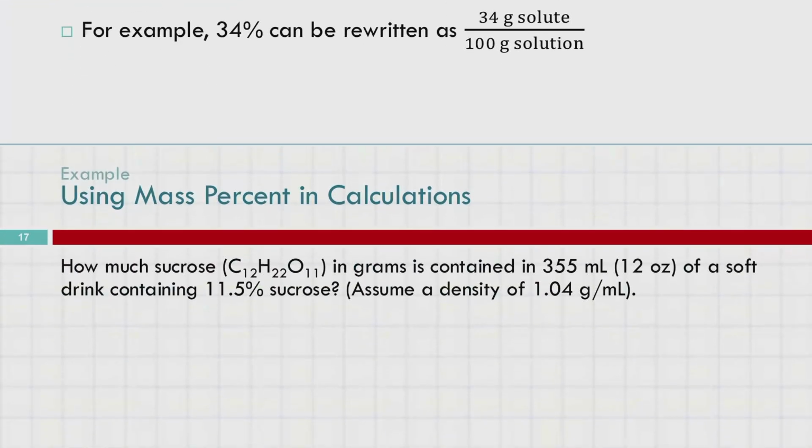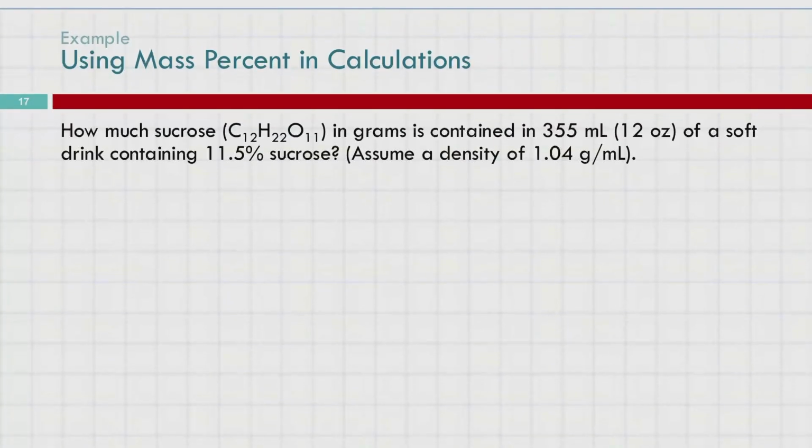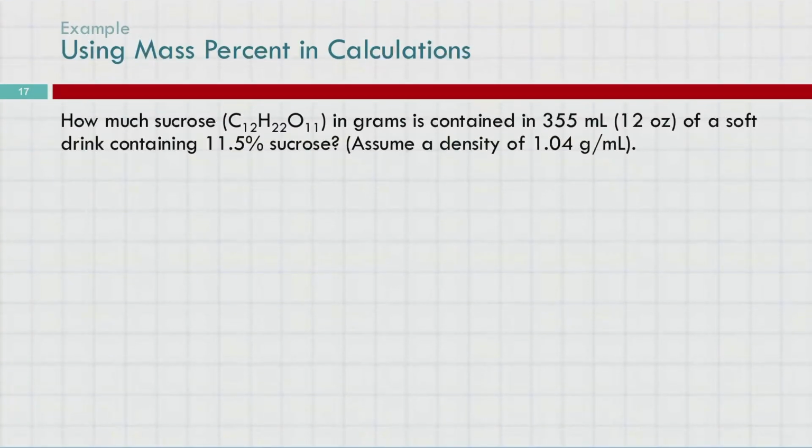The way that my brain does it, I'll show you. So how much sucrose, so we're looking for sucrose in grams, is contained in a 355 milliliter, 12 ounce regular can size soda containing 11.5% sucrose, and we're going to assume the density of the soda is 1.04 grams per milliliter.